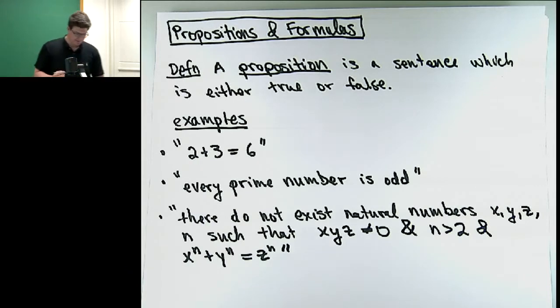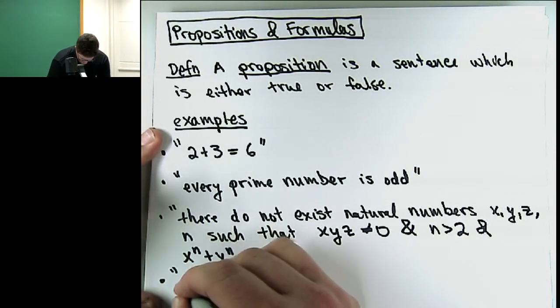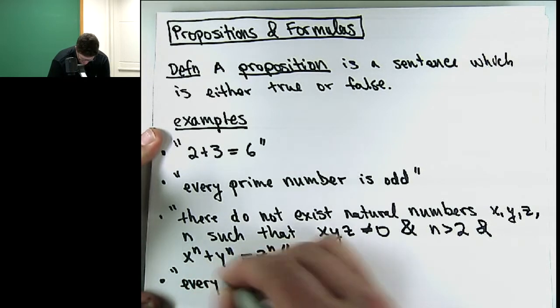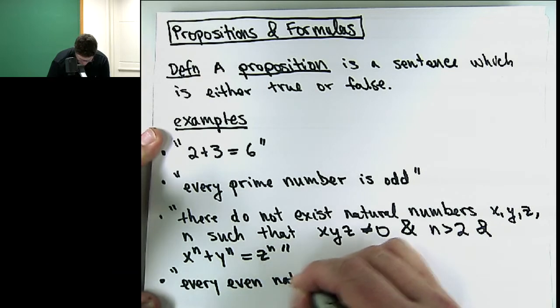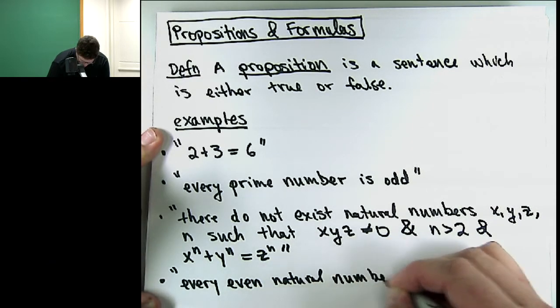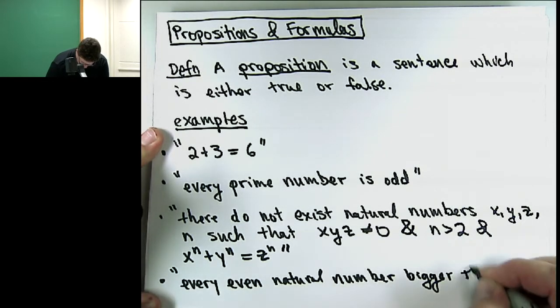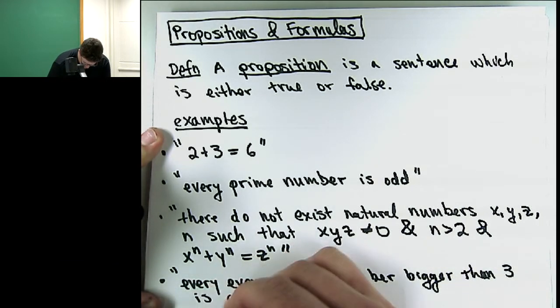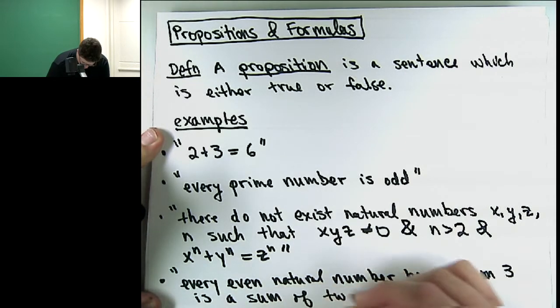Okay, let me give you another example. Every even natural number bigger than 3 is a sum of 2 prime numbers.